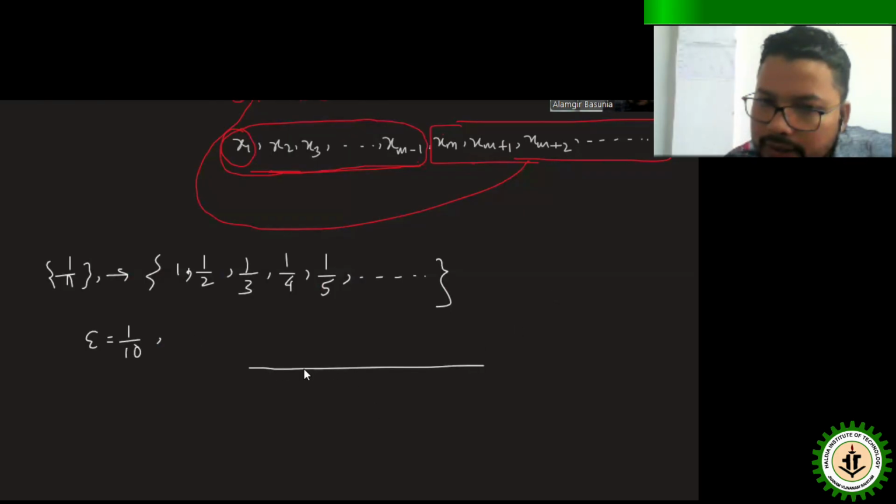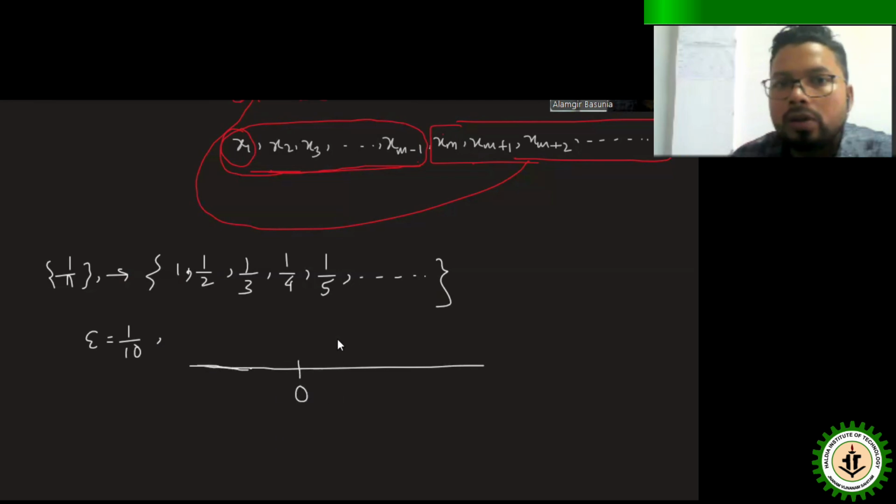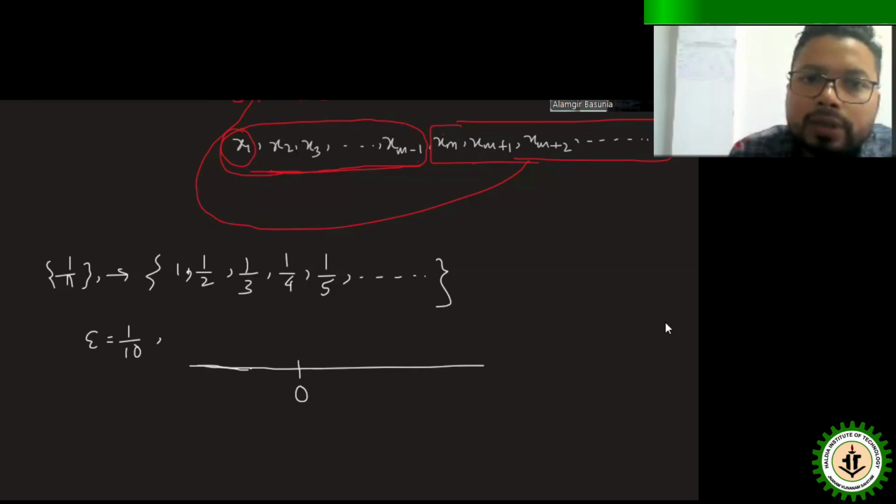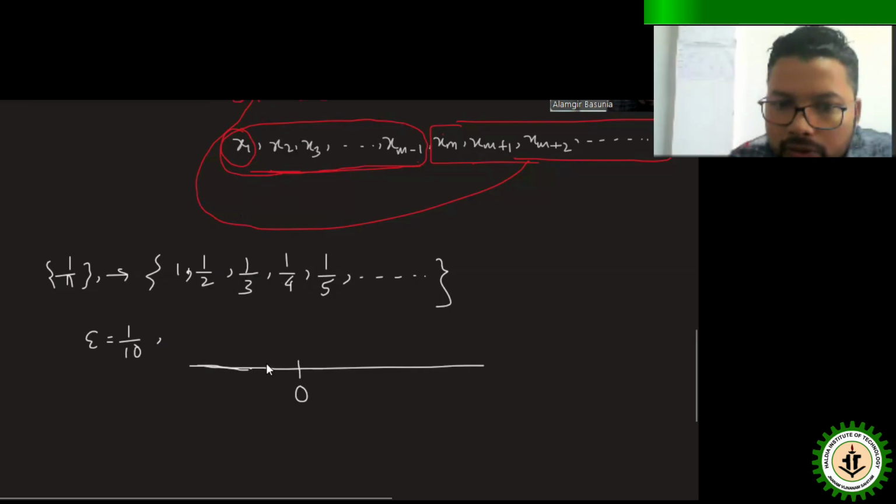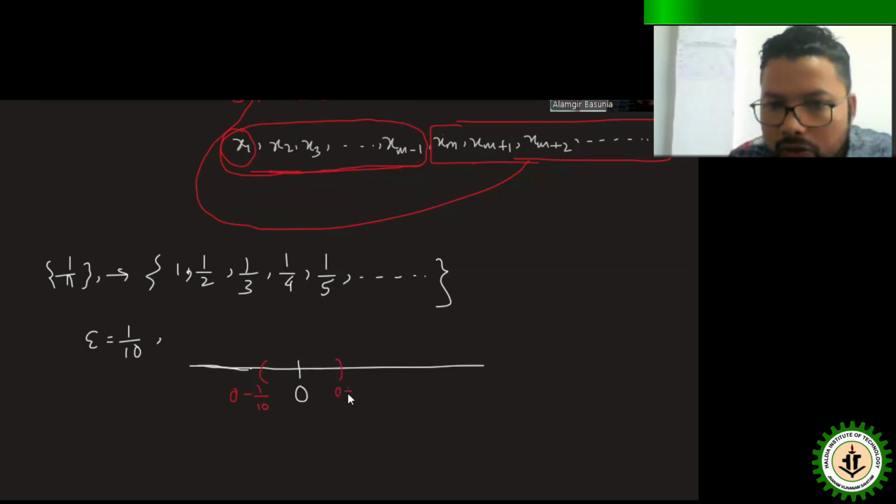Now, if the limit exists, then that limit will definitely be 0. So 0 is our L here. Now, what are 0 plus epsilon and 0 minus epsilon? That is 0 minus 1 by 10 on this side, and 0 plus 1 by 10 on this side.